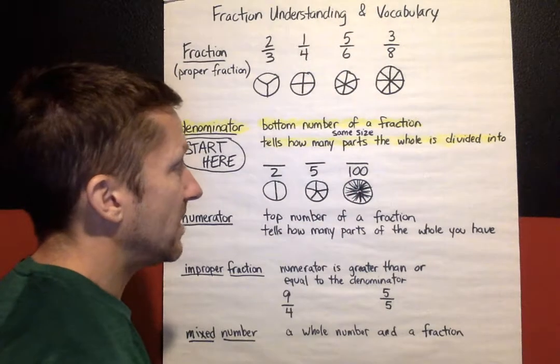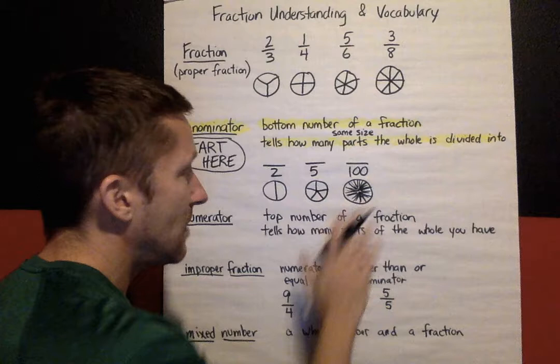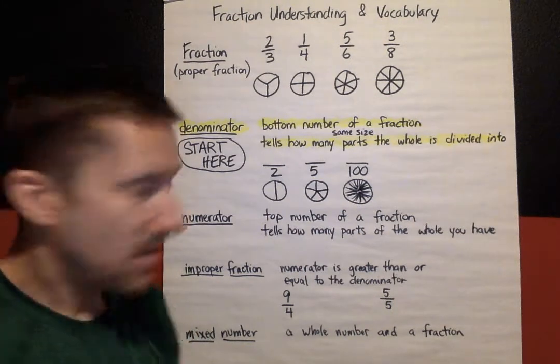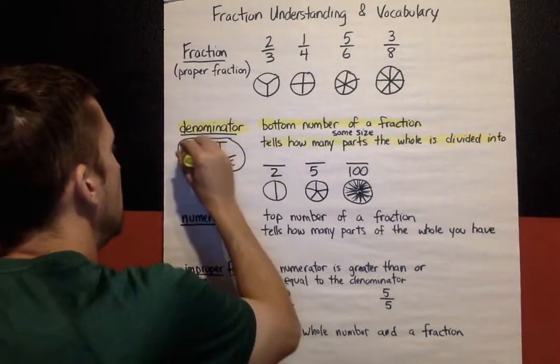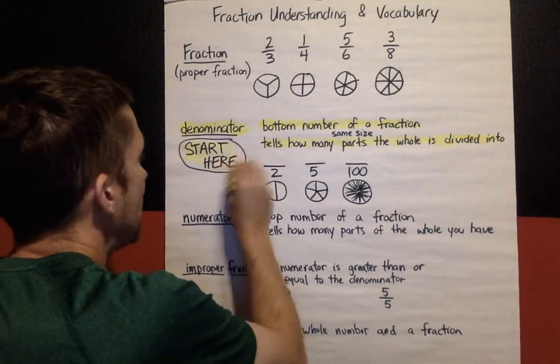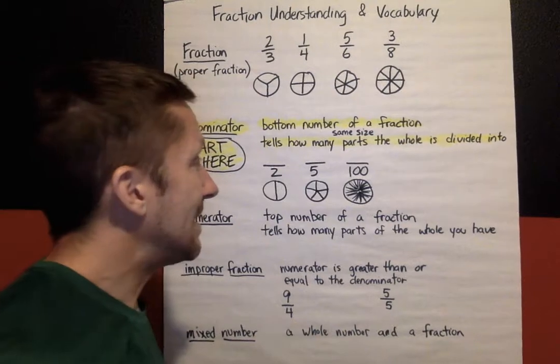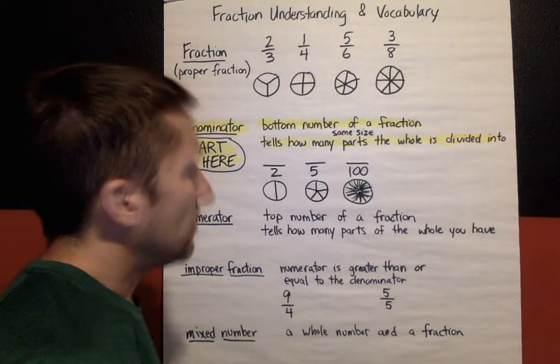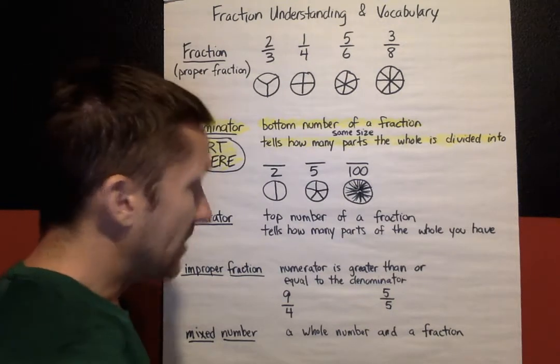Whatever your denominator is, you are locked into that's how many slices are in one whole pizza. So always start with your denominator. That's one of the big mistakes kids make, is they don't lock in the denominator, and that's where they lose understanding in fractions.